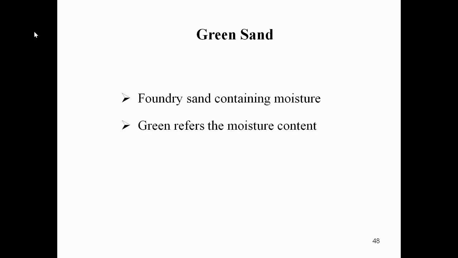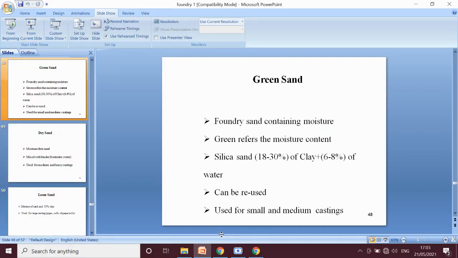Now we'll see the green sand. It is a foundry sand containing moisture. Green refers to the moisture content.